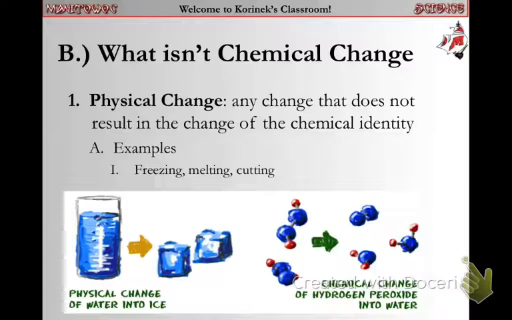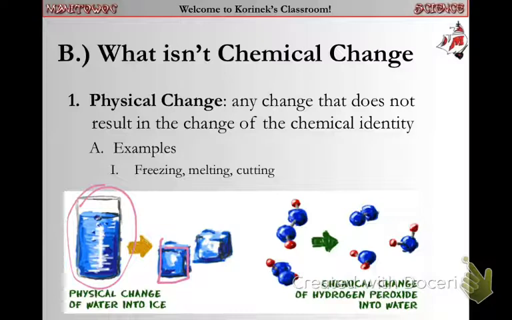So if you notice in my diagram here in the lower left-hand corner, we've got an example of a physical change. That's just taking water, original water, and now turning it into ice. The molecule's the same. It's still H2O. The water's H2O, the liquid water's H2O, the solid water's H2O. So that doesn't change. On the right side, this is a chemical change.